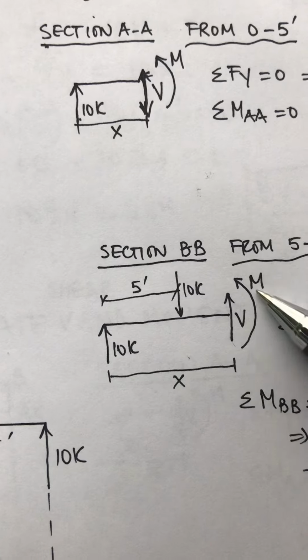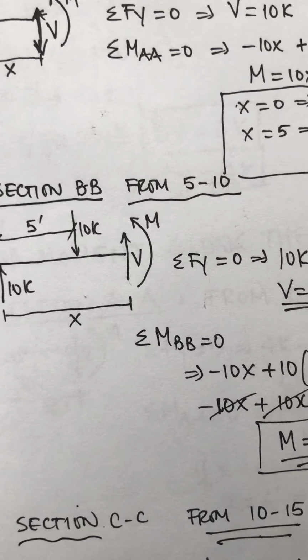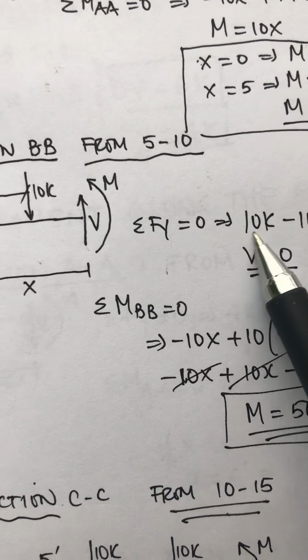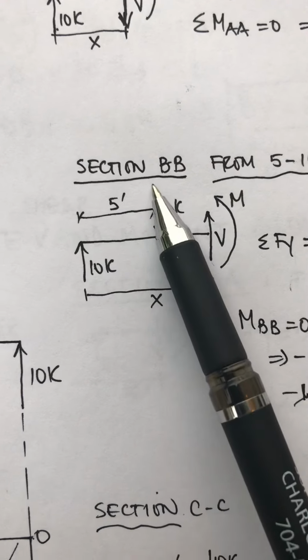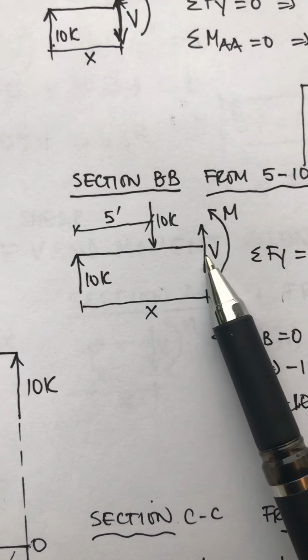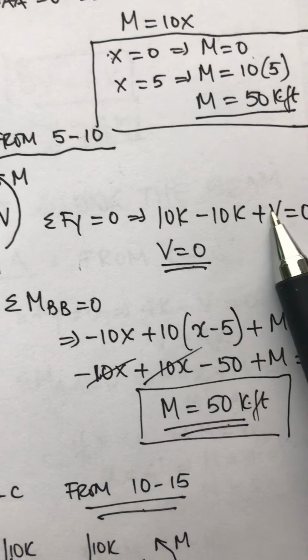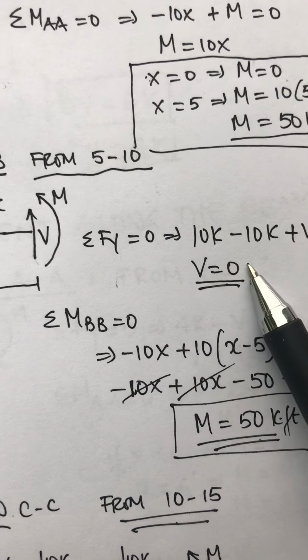The summation of forces in the y direction is 0: 10K going upward, minus 10 going downward, plus V equals 0. So 10 minus 10 is 0, so from 5 to 10, V is 0.